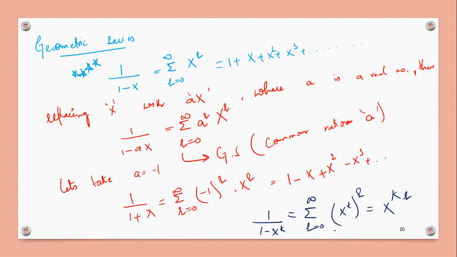Now when I expand it, r is equal to 0 to infinity, it has to be written. Now, what will be r is equal to 0 if I put k into 0, x power 0, so 1 plus x power k into 1 when r is equal to 1, so x power k plus x power 2k plus x power 3k and so on up to infinity.